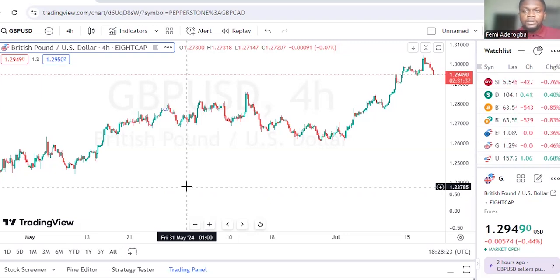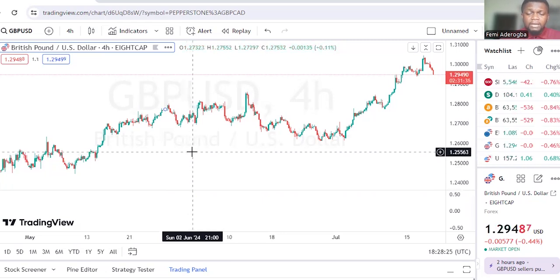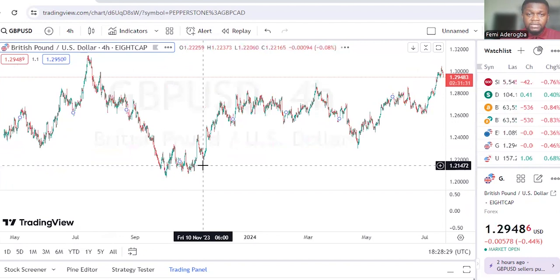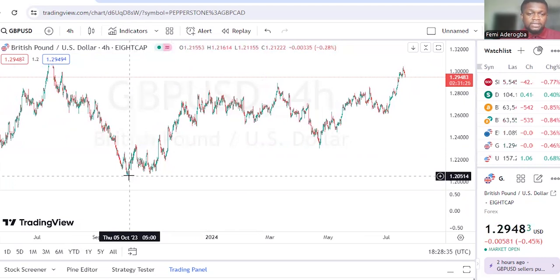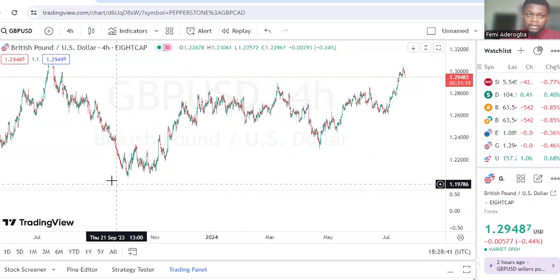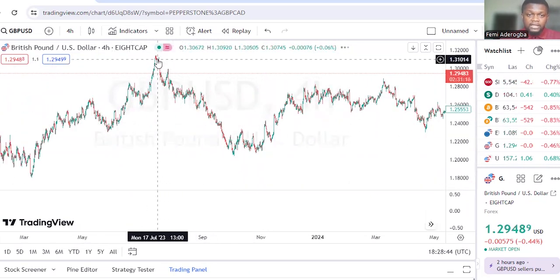so that you can understand. Like I said, anytime you want to trade the market, it's very important for you to look at it from this end. What is the movement? You can see sometimes around October 5th, 2023, the market started moving up. And don't forget, before that, the market actually moved where?